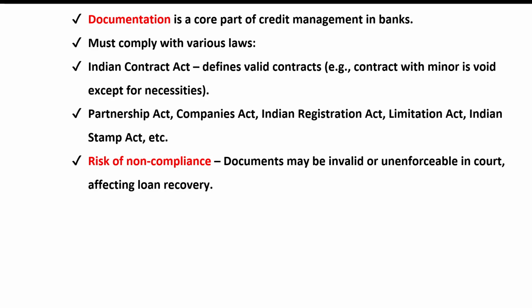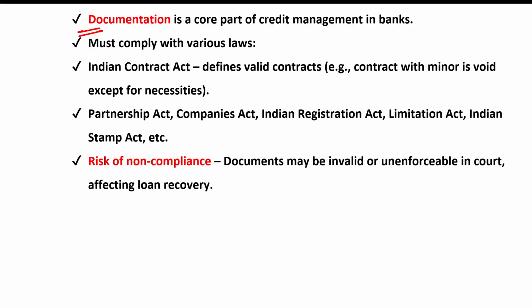So, when banks give loans, they do not rely on trust alone. They rely on legally enforceable documents. And this documentation, particularly, is a core part of credit management in banks.